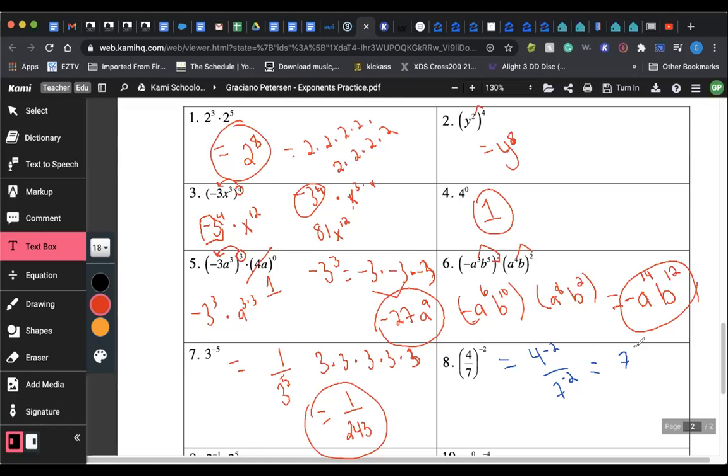It should be 7 squared over 4 squared. And now we can solve the squared so that we have 49 over 16. And we don't simplify it. That cannot be simplified because only 7 goes into 49 and 7 does not go into 16.